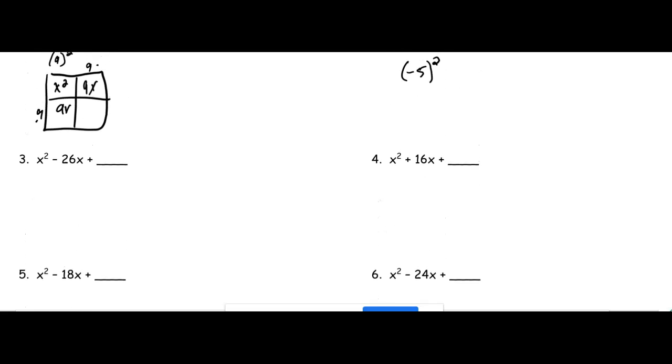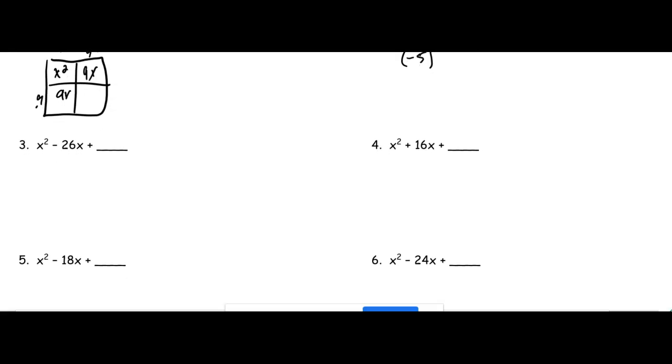Yeah, go up to 6. Although 3, you may need a calculator. See how good you are with your multiplication tables. All right, go about 15 more seconds here.